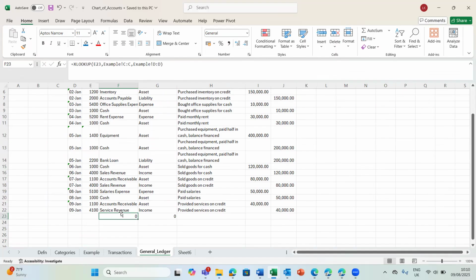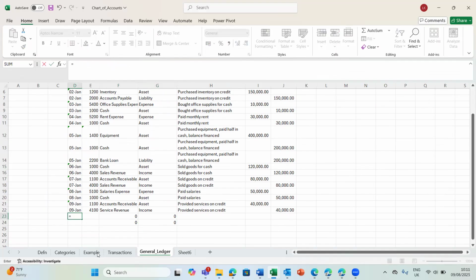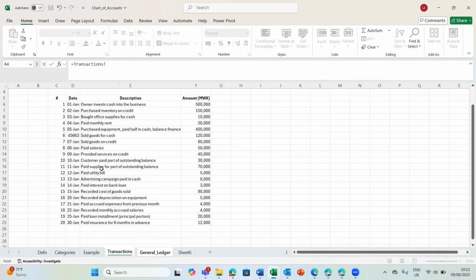And lastly, let's talk about the final transaction, which is on the 10th of January. Okay. Customer paid part of the outstanding balance.